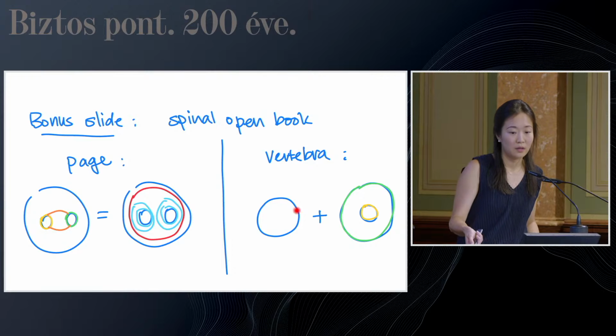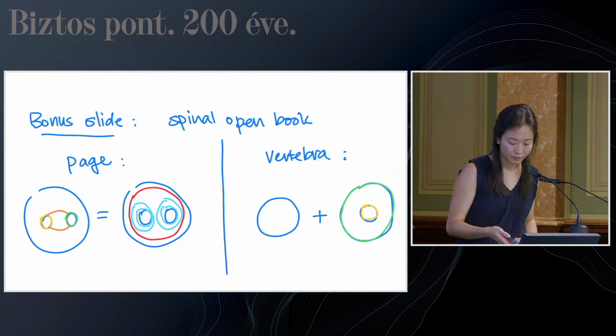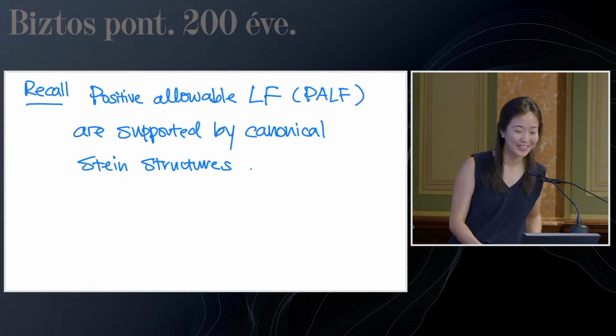You have the disk ones, which are the standard, usual binding, but you still have the annulus binding, which is a phenomenon of the spinal open book machinery. Questions here? Okay, this is a bonus slide, so let me just go forward.